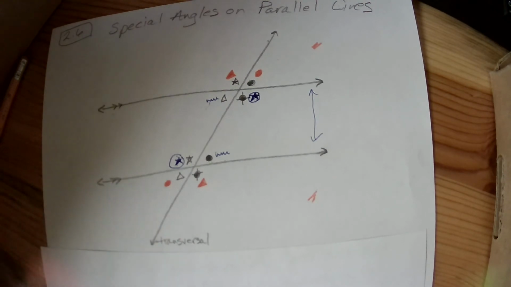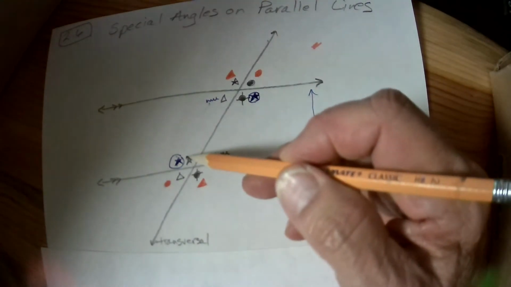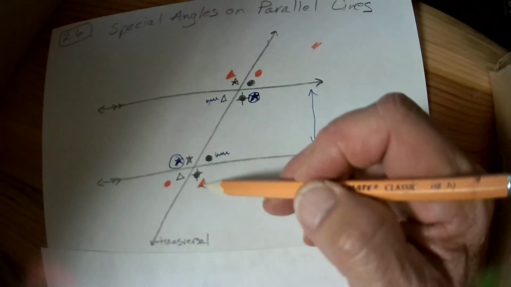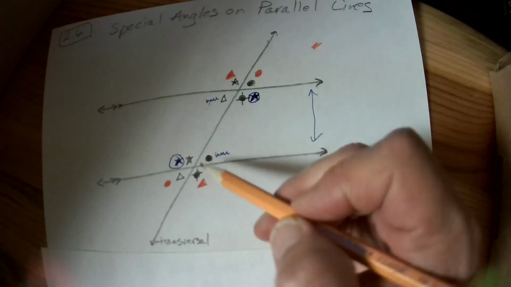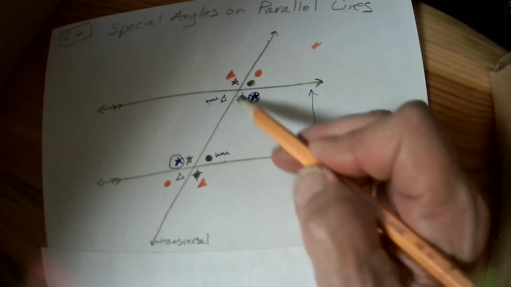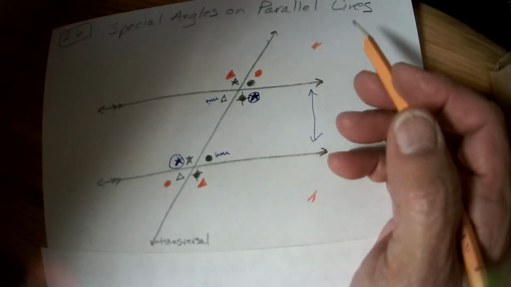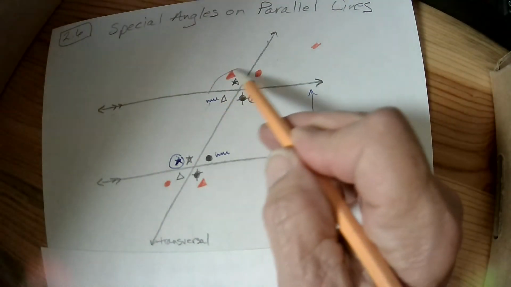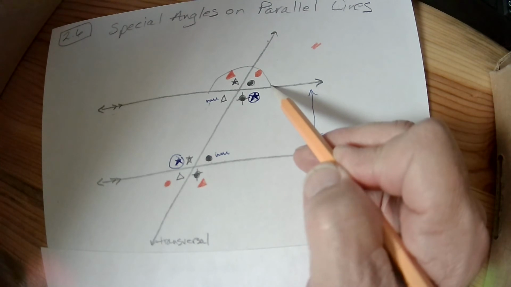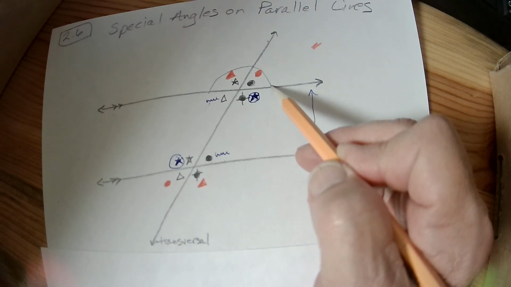The other thing I want you to notice, we also have vertical angles. These are the same. These are the same. These are the same. These are the same. We also have a bunch of linear pairs, don't we? These two are a linear pair. When you add them together, they equal 180.